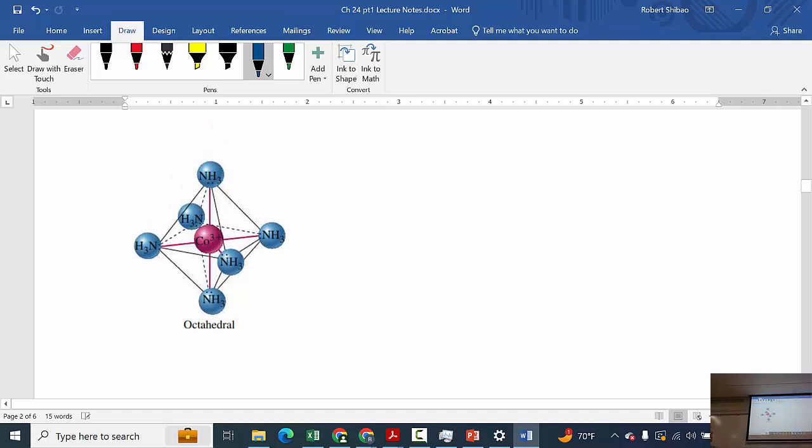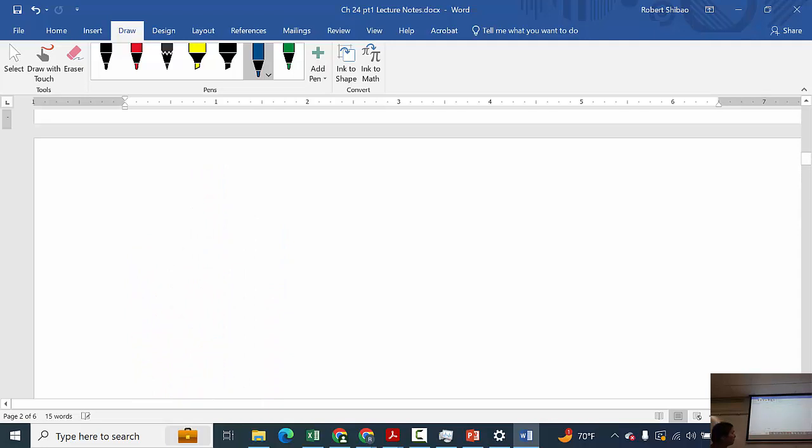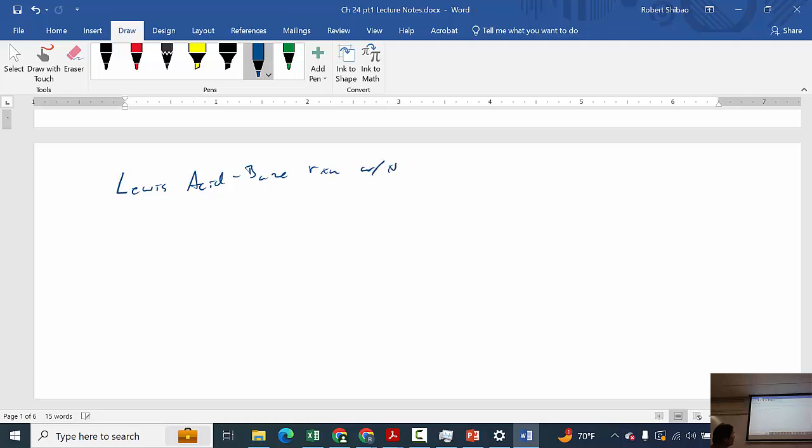And what's going on in the hexas, the cobalts are actually bonded with the ammonias. The ammonias just aren't stuck in there. And so what we have here is a Lewis acid-base reaction with the ammonia. So the cobalt is in the lattice like this.